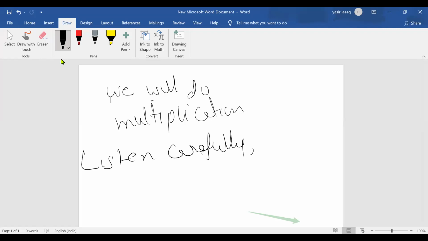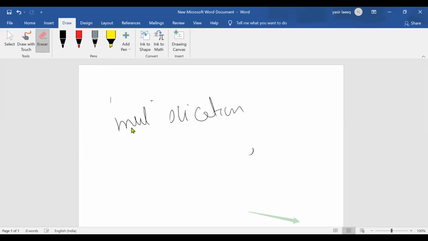Okay, so multiplication. Before doing multiplication, I will show you how we will do multiplication.